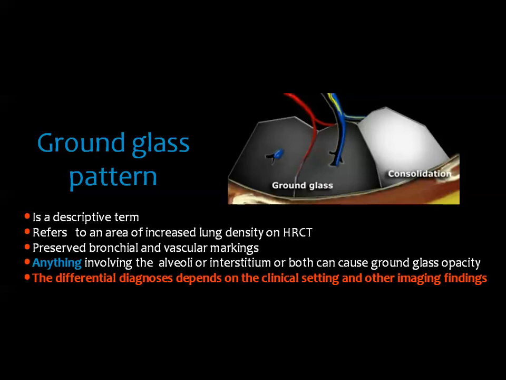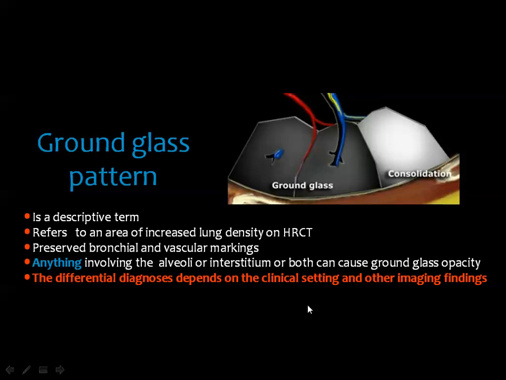We discussed the usual interstitial pneumonia, non-specific interstitial pneumonia, interstitial lung edema, the collagen-related interstitial lung disease, the drug-induced interstitial lung disease, and the lymphangitis carcinomatosa related to the presence of the primary malignancy. Then we came to the second pattern, which is the ground glass pattern.